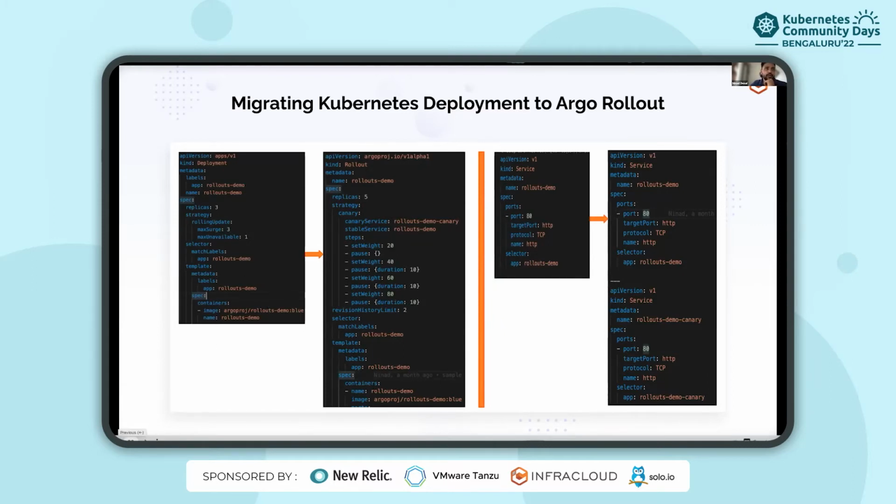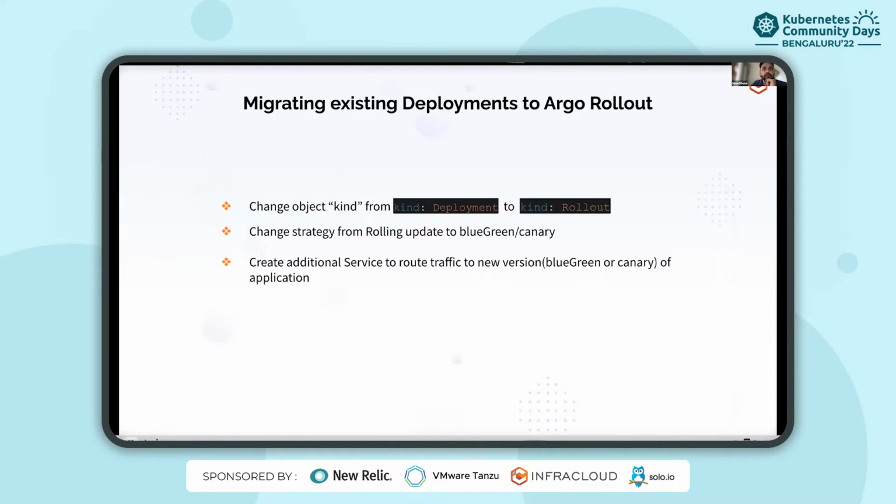And so, coming back to the question, let's say you are currently running all Kubernetes deployments, and now from Kubernetes deployment you want to go for the rollout option. What changes you would ultimately need to do is change the kind from deployment to rollout.